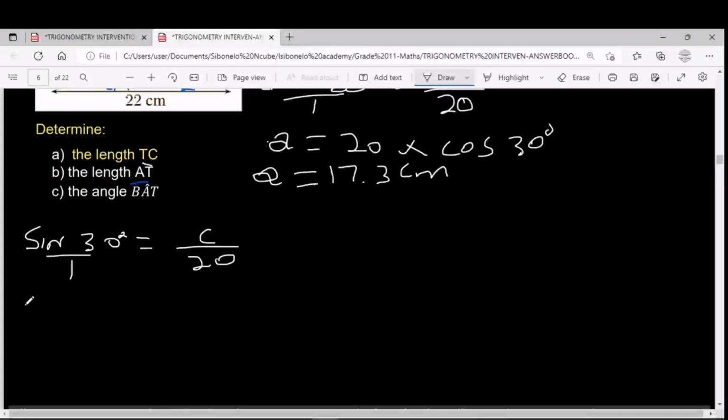So 1 times c will be c. Then sine 30 times 20 will be 20 times sine 30 degrees. What comes out? 10. It comes out 10 centimeters.